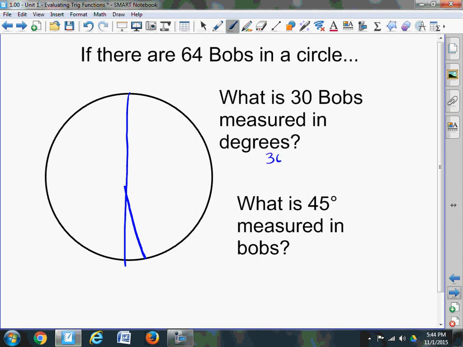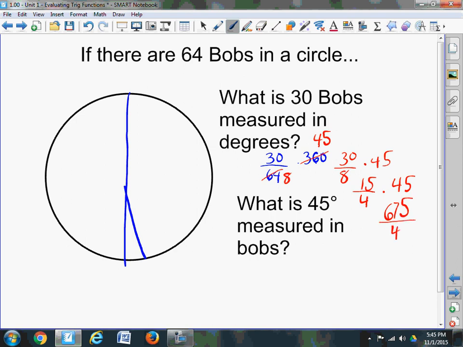So I'd have 30 over 64 times 360. Well, 8 goes into both of these. 8 goes into 64 8 times, and goes into 360 45 times. Then I could have 30 over 8 times 45. 30 over 8 reduces to 15 over 4 times 45, so that's 675 over 4.